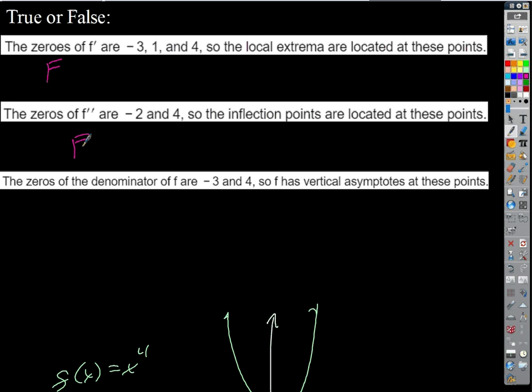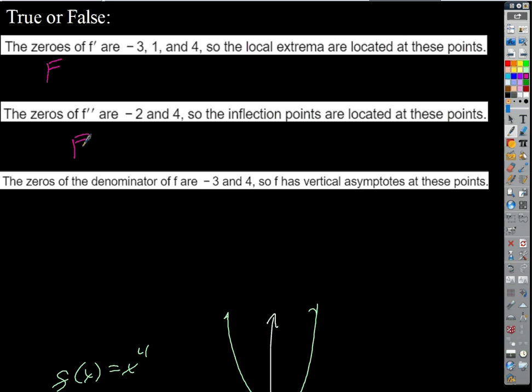Brandon, can you think of any? Well, if they're in the denominator and those are the zeros, then you can't divide by 0. You're right, so it seems true. But can there be a hole instead of an asymptote? Okay, but they could be shared zeros, right?